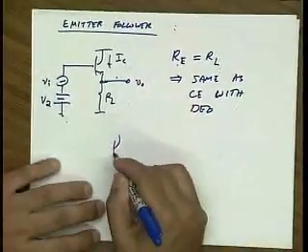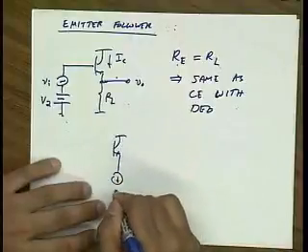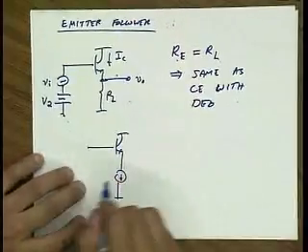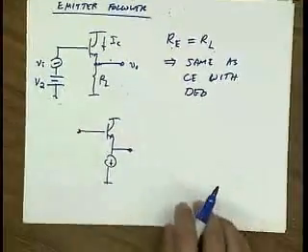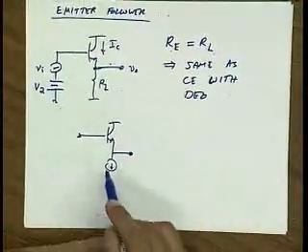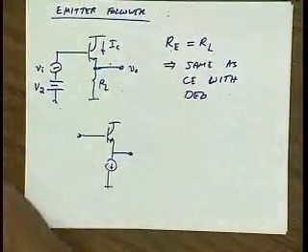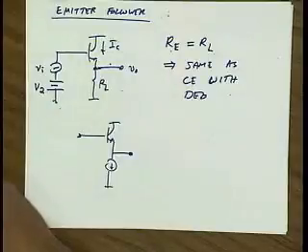So in fact, the way we usually build followers is with a current source. And because this degeneration is very large, we see that common emitter amplifiers are actually pretty linear stages. Okay?